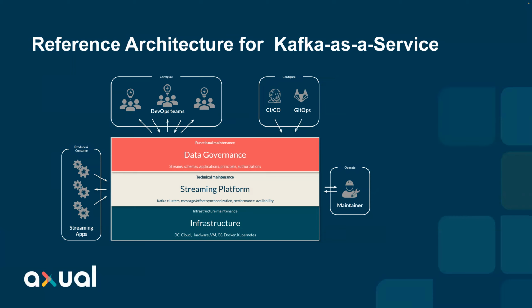The streaming platform itself, this is where you deal with Kafka clusters. If you have multiple Kafka clusters, this is also where you would expect message and offset and schema synchronization, some technical bits. But ultimately, there is a technical maintainer here that makes the platform available and performant for all teams to use.